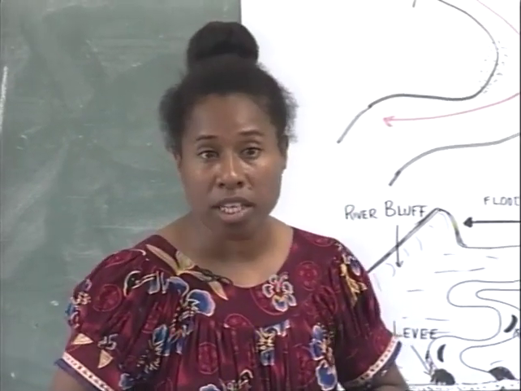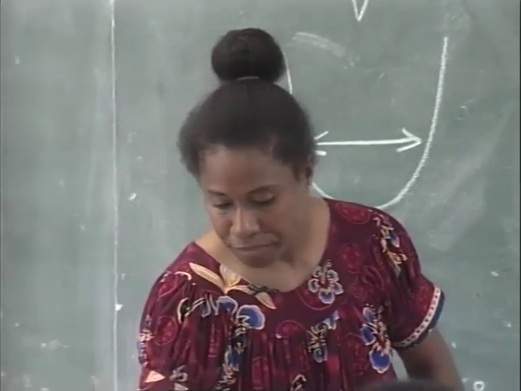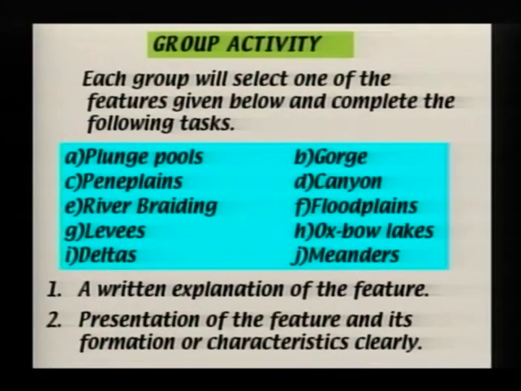If we have no questions, the next activity that I would like to assign. Remember, I mentioned something about giving an activity of which you will be working in groups. You are going to compile your information together, and you will also present the information you would have compiled.